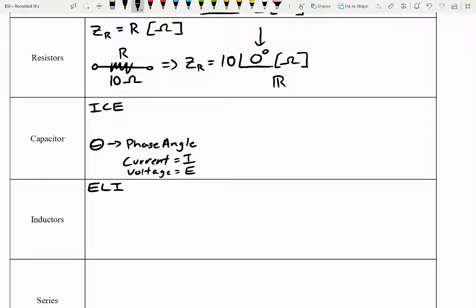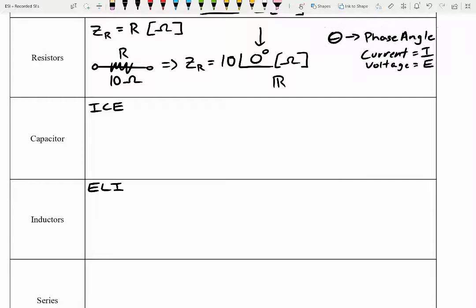So in an inductor and a capacitor, they're going to interact differently. So from our phrase here, we see that there's this current and this voltage. And in the middle here, there's a C, and the C is going to be representing a capacitor.